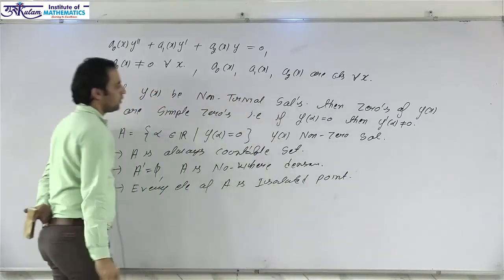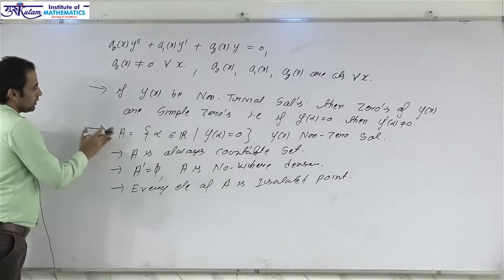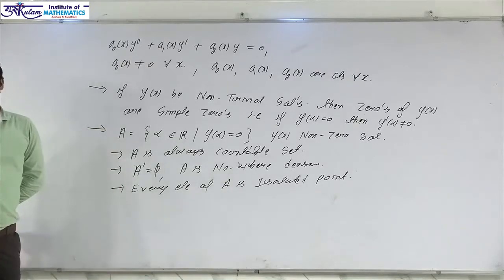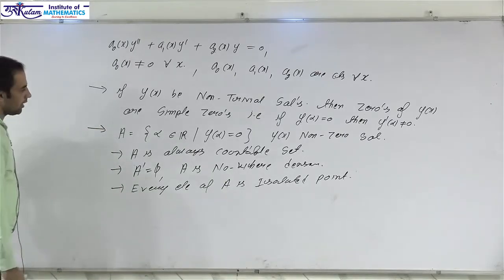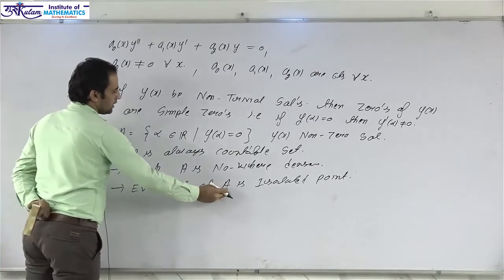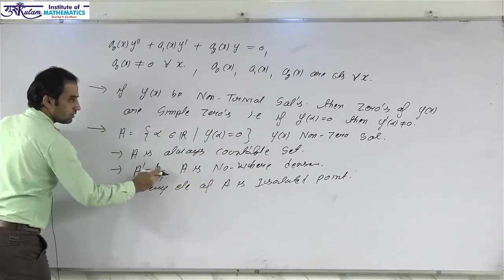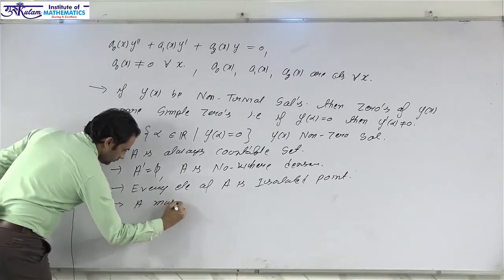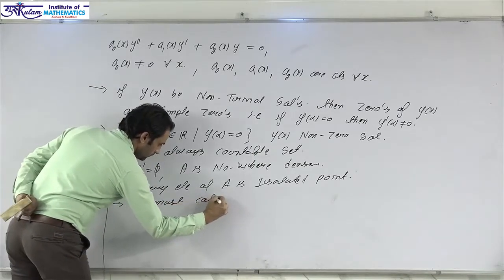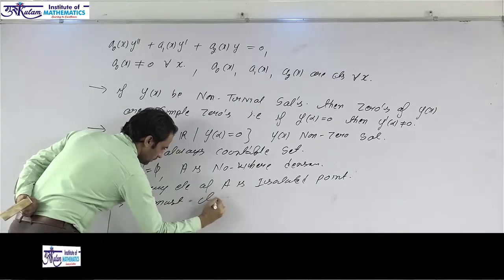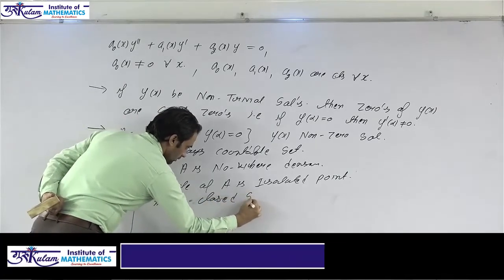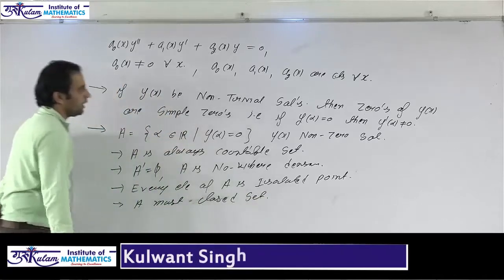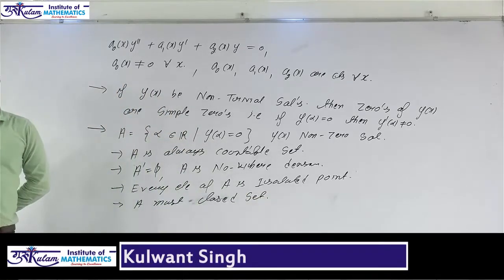So, these are three properties for the set of zeros of any non-trivial solution, and since every point is an isolated point, or the derived set is empty, A must be a closed set. So, the set of zeros of any non-trivial solution is always a closed set.